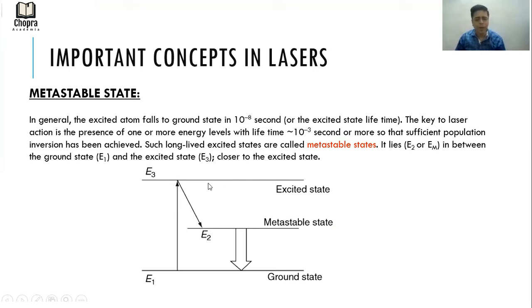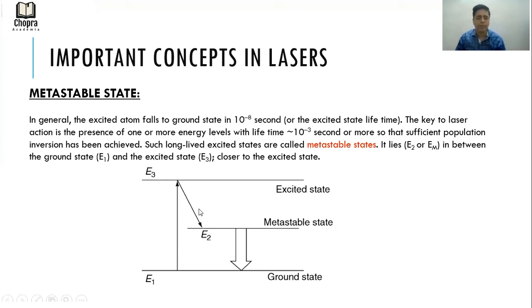What do I mean by loss? There will be a very high probability of spontaneous emission, and then incoherent photons will be produced and the laser will be useless to us. So we have to introduce a third level which has a much higher lifetime, of the order of milliseconds, so we can have sufficient population inversion, N2 greater than N1 again.